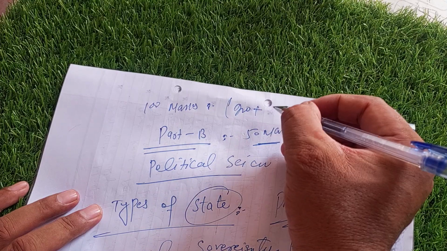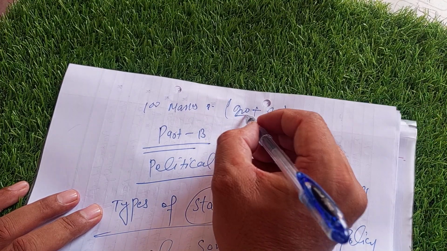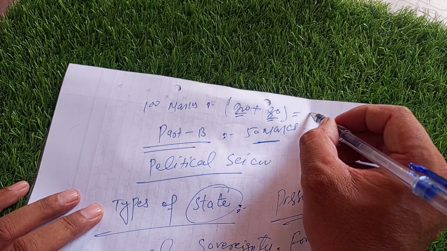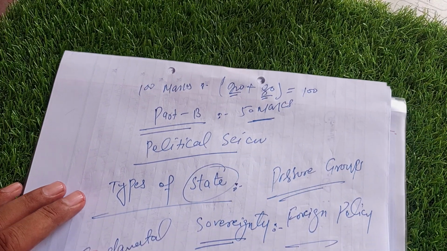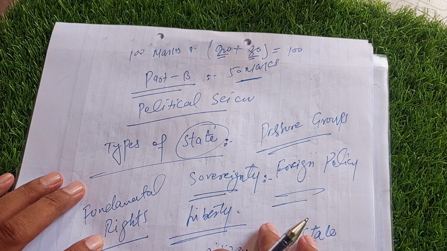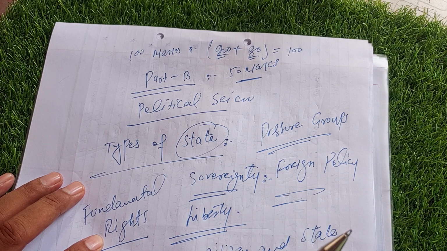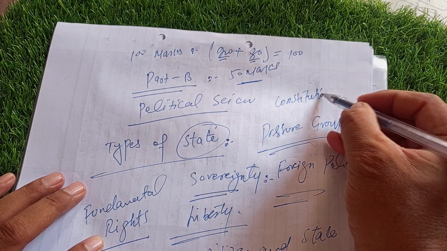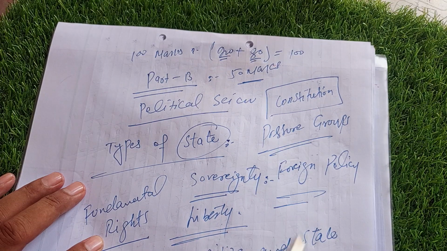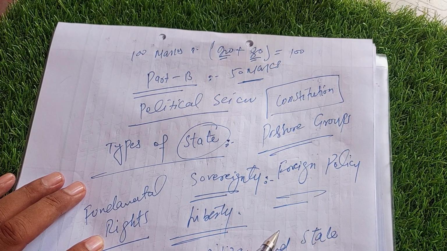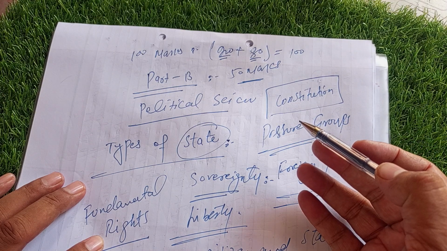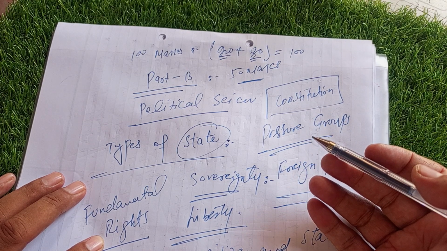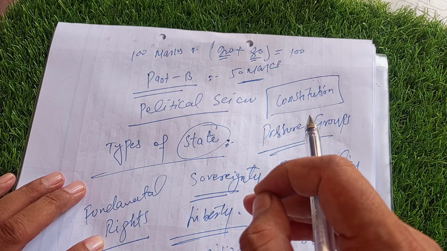So paper 1 is of 100 marks: 20 marks for objective and 80 marks for subjective. After studying these 100 marks, you may be able to understand what the state is, what the supreme law of the state is, that is to say the constitution, how this constitution works, how amendments in this constitution are possible, along with short history.